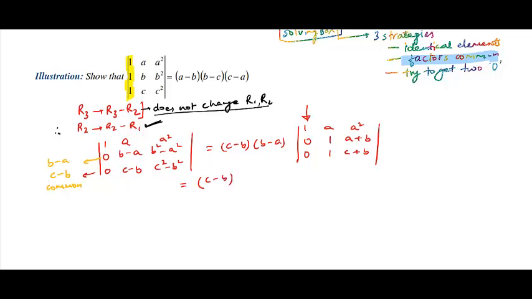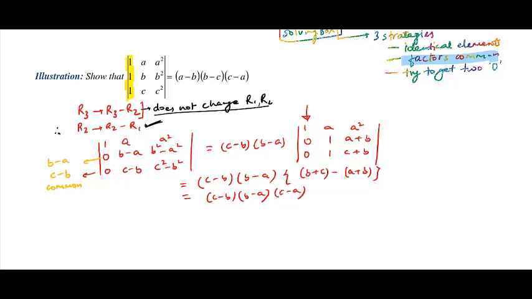So to get the result, this into b plus c minus a plus b, which is the same as c minus a, times b minus a... c minus b, b minus a times c minus a.